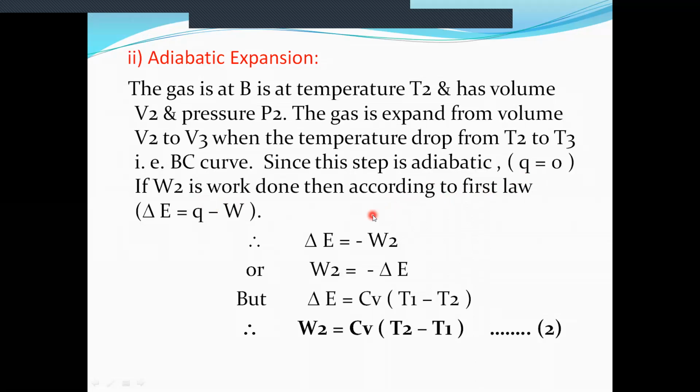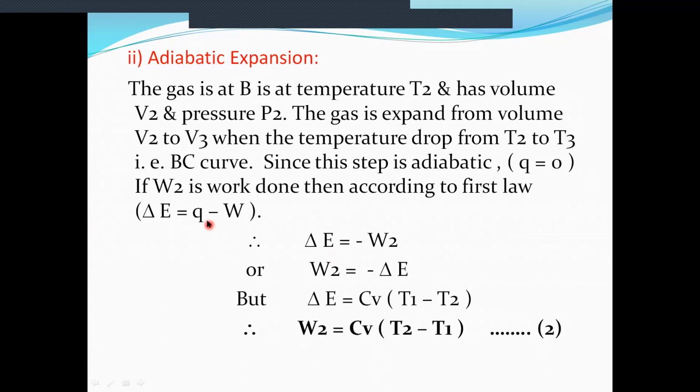Q is equal to delta E plus W, or delta E is equal to Q minus W. We transfer W to this side. So delta E is equal to Q minus W. Now put Q as 0 in this equation. In this equation, we denote work in this process as W2.